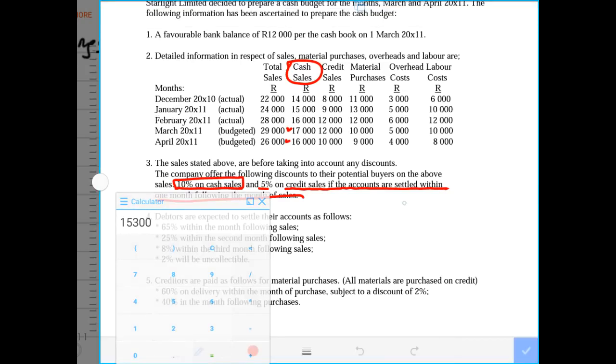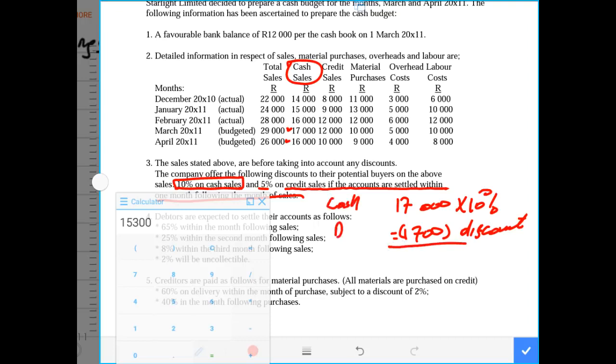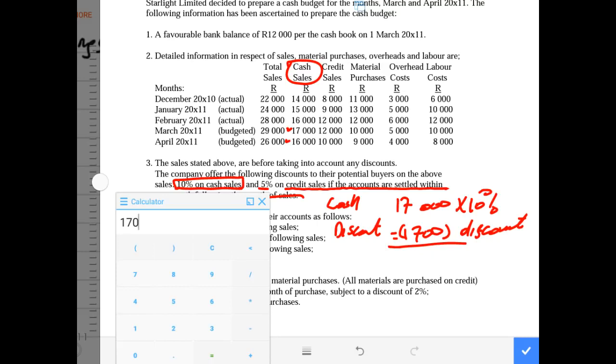Or else we could just say 17,000 times 10%, which gives you 1,700. This is a discount. Therefore we say cash sales less discount, in other words 17,000 less 1,700.